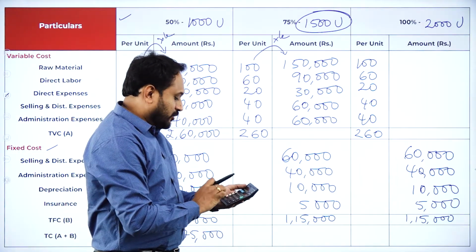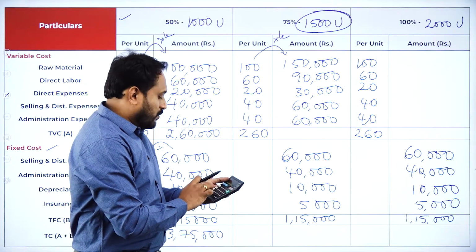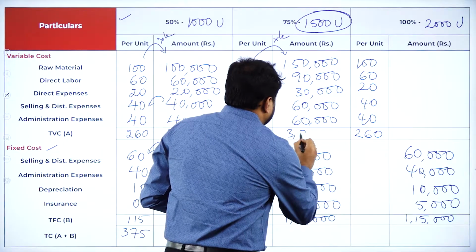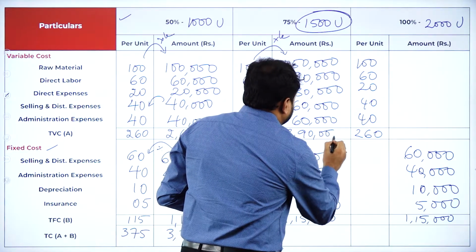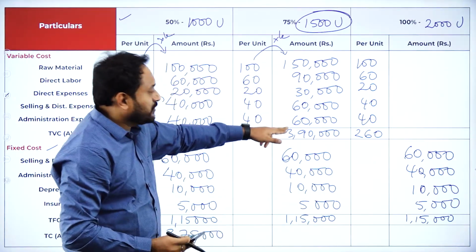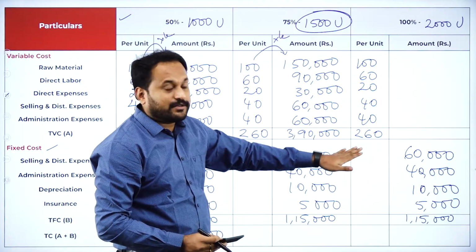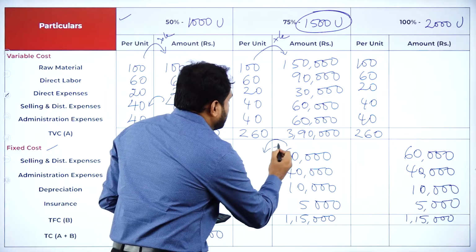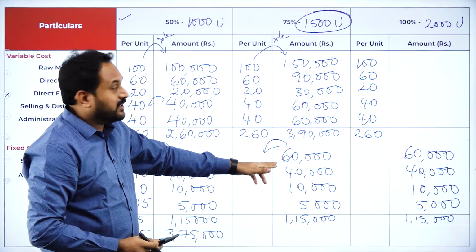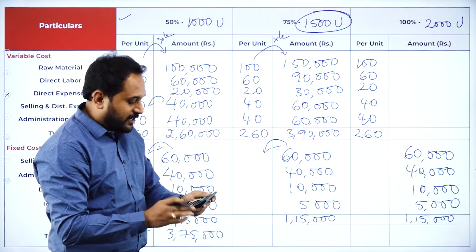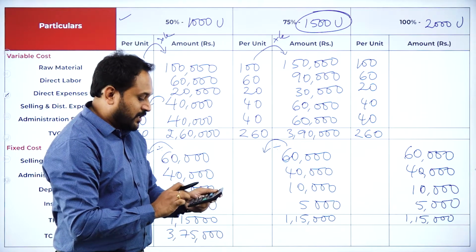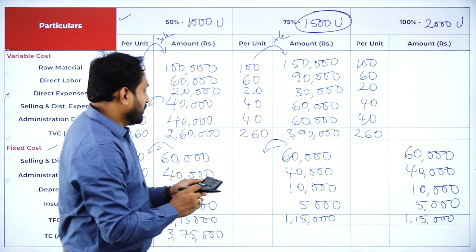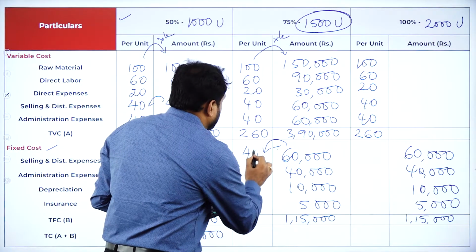Let's go with this, 260 into 1500, that is 3,90,000. If you add also here, students, you will get 3,90,000. The same way here, what you should do, from here to here, is divide. 60,000 divided by 1,500 is equal to, here we got 40.